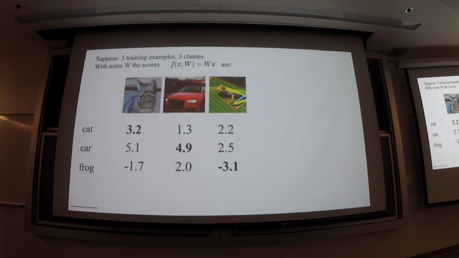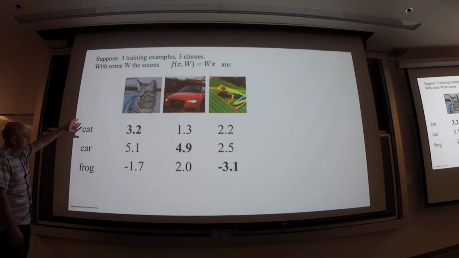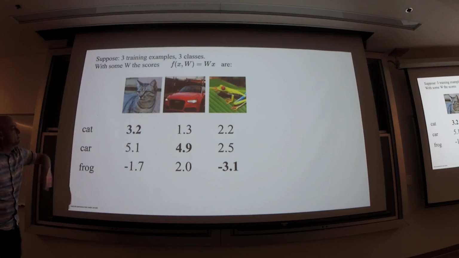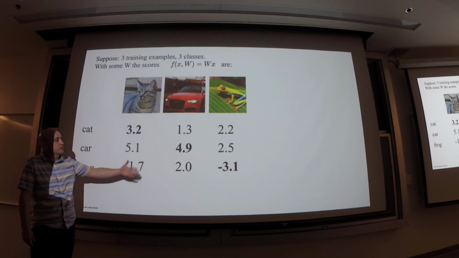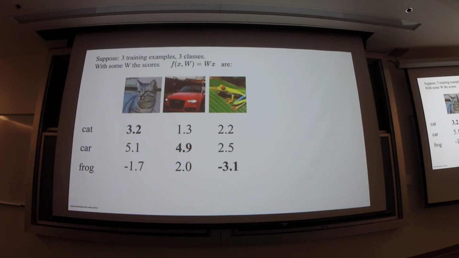All right, so let's start to motivate what it is we want to do with the loss function. Again, we're just going to have very simple examples: 3 classes, 3 images. Here are the values coming out of our score function, whatever that score function might be. What we want is for the score function to give us the highest value for the correct class.